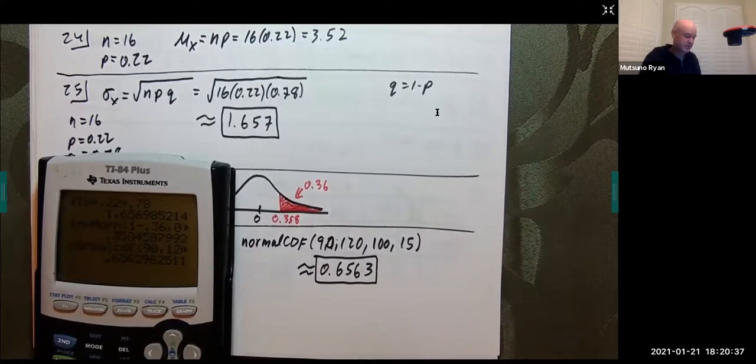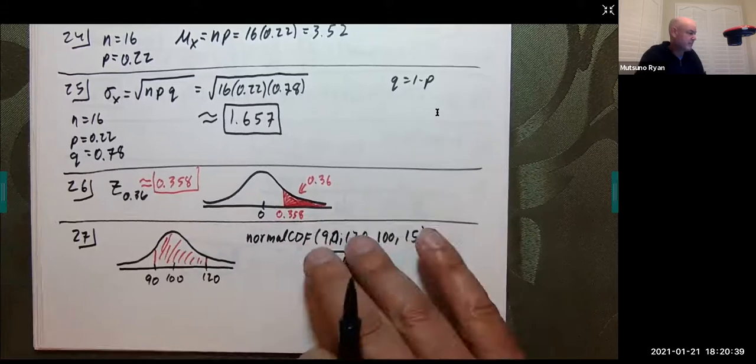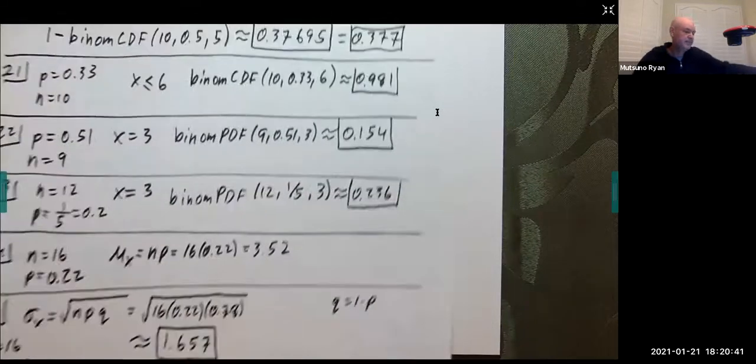Number 28. Let's get a new piece of paper. The diameters of bolts produced by a certain machine are normally distributed with a mean of 0.3 inches and a standard deviation of 0.01 inches. Find what percentage of bolts will have a diameter greater than 0.32 inches. Let's draw this out.